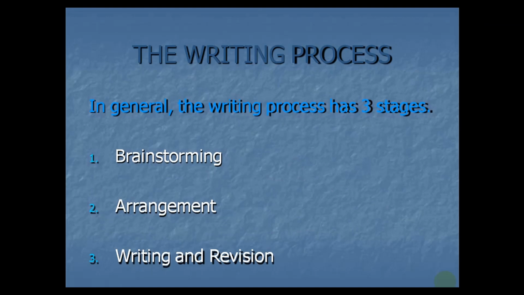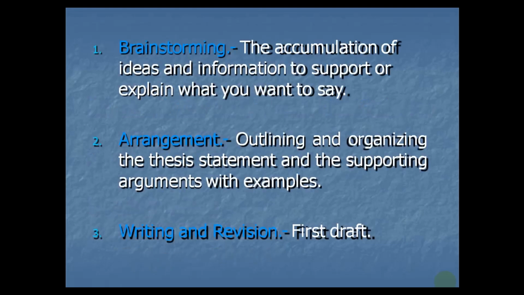And stage number 2 is about arrangement or outlining, which you try to put your ideas into the correct order or in the right sequence. And the last stage is called writing and revision, which usually contains 3 parts: first draft, second draft, and final draft. So let's go into detail about these 3 important stages in the general writing process.